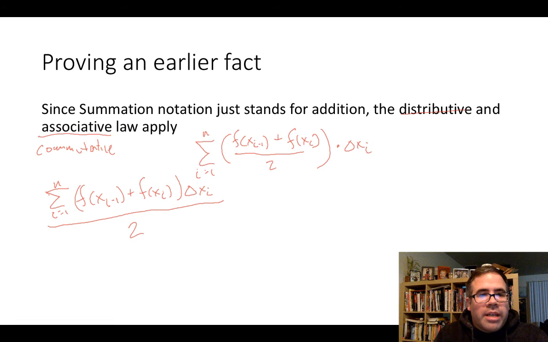So we can take this and distribute this delta x sub i because it has to multiply anyway. So again, instead of adding first and then multiplying, we can multiply through and we get 2 adds.